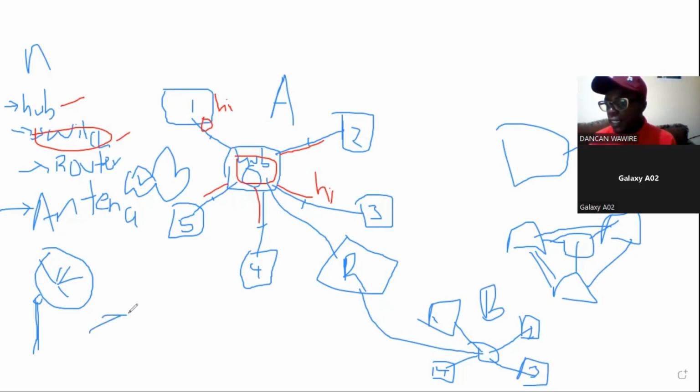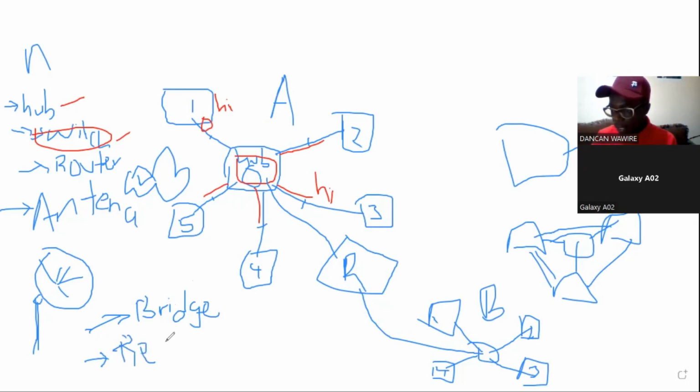The other devices, we have something we call a bridge. A bridge is just like a router or a switch. It can be used for the same purpose. The other one is what we call repeaters or boosters.